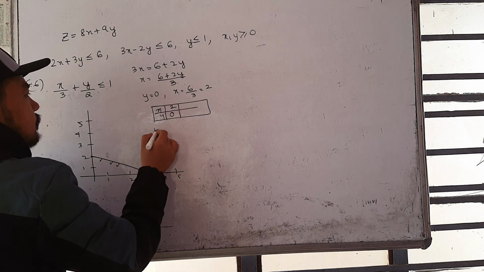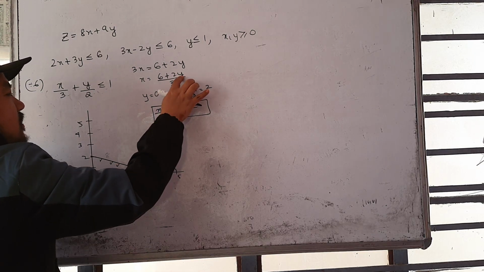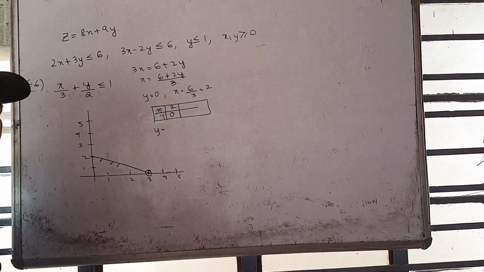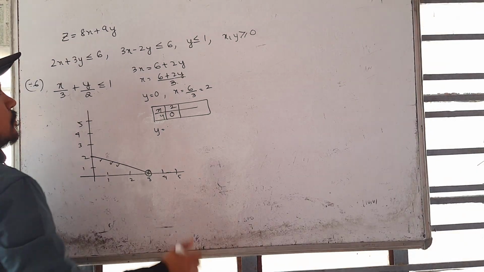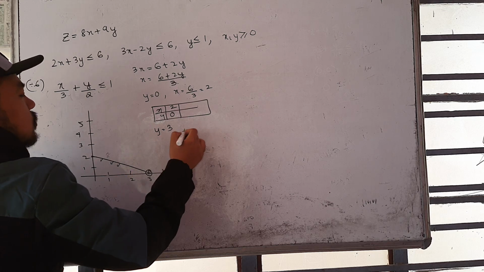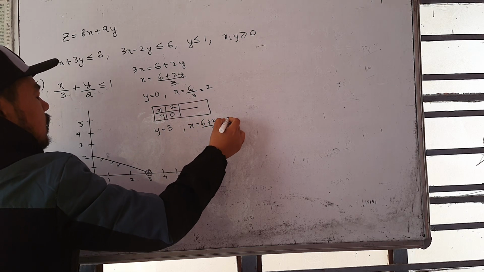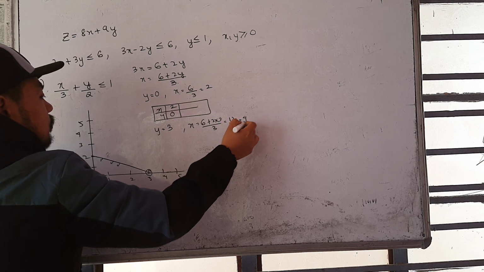Tell me another point. 1. Y equal to 1 will not work, since 6 plus 2 is 8, and can you divide 8 by 3? Not possible. So take y equal to 3. So what will be x? 6 plus 2 into 3 divided by 3, 12 by 3. What is that equal to? 4.